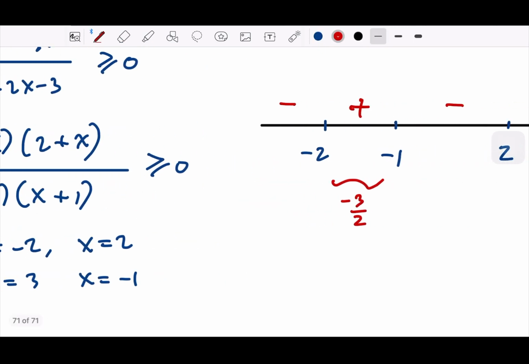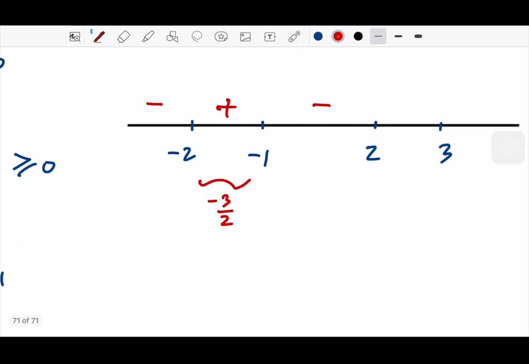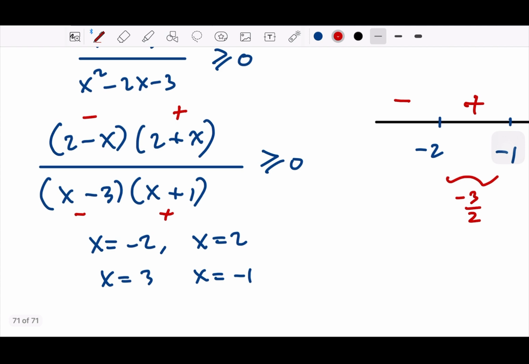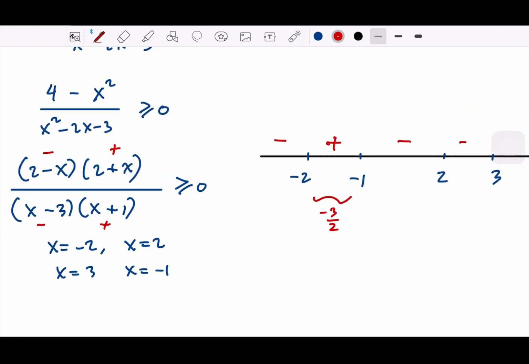And then from 2 to 3, we could take 5/2. It's negative, positive, negative, positive. So it should be negative over negative. It's positive.